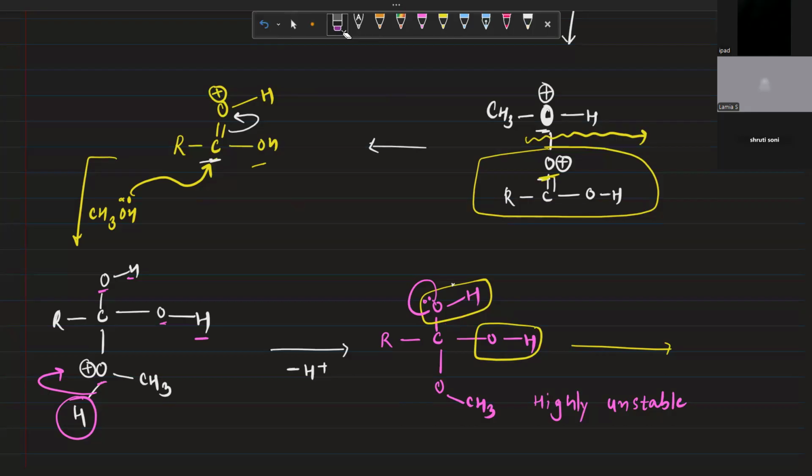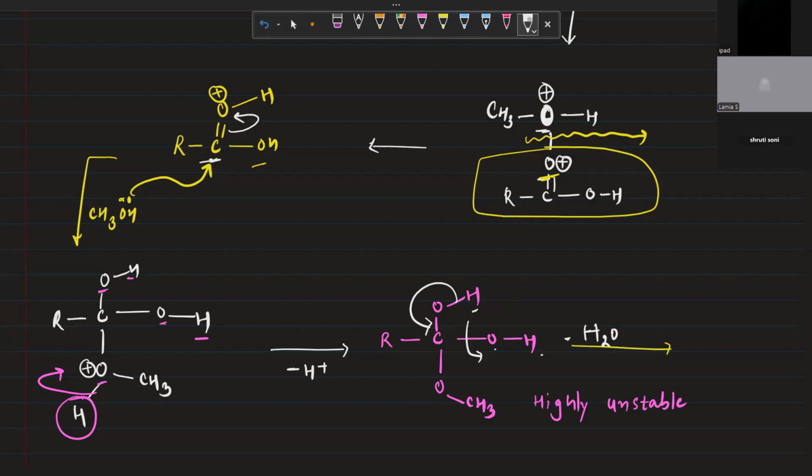So now this hydrogen will shift over here and the OH bond will be removed. So OH and one hydrogen over here, so H2O will be removed. Dehydration will take place.